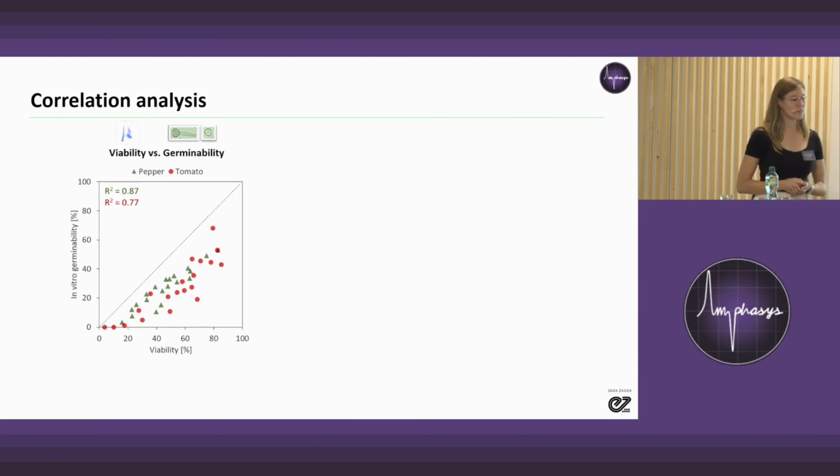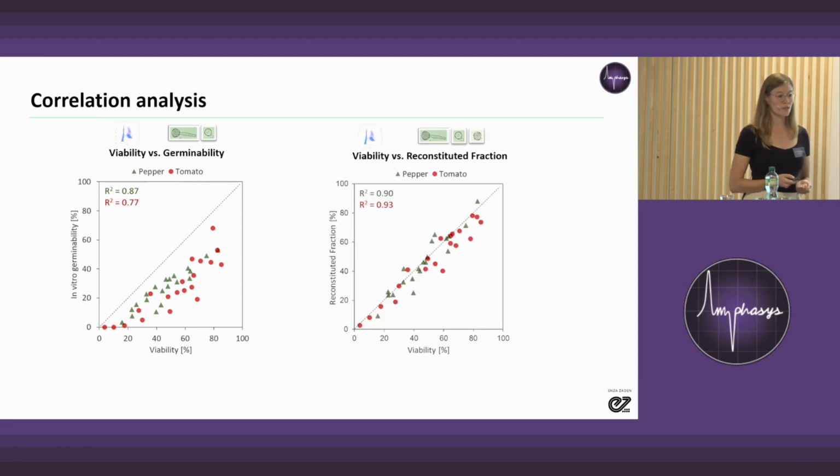As you can see, we have a very good correlation for both pepper and tomato. Then when we include all mature cells, in this case we call them the reconstituted fractions, so all of which have rehydrated, this is the very high positive correlation that we found.